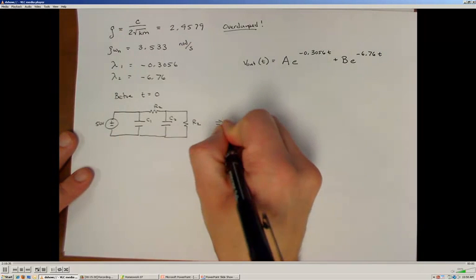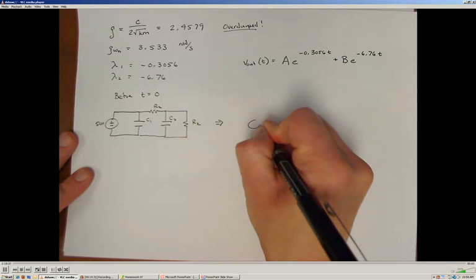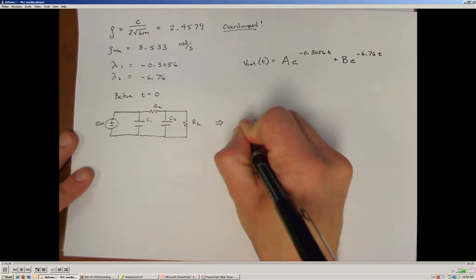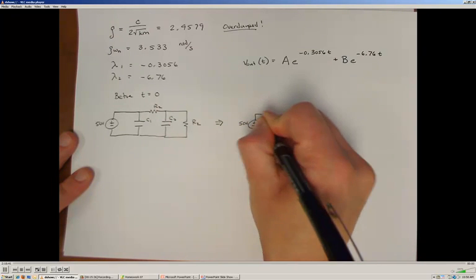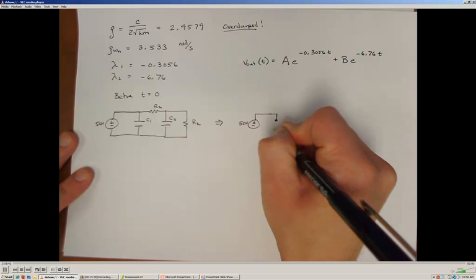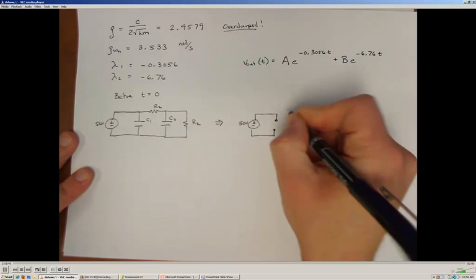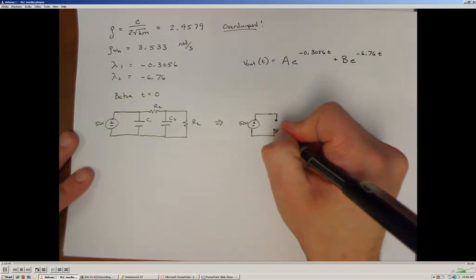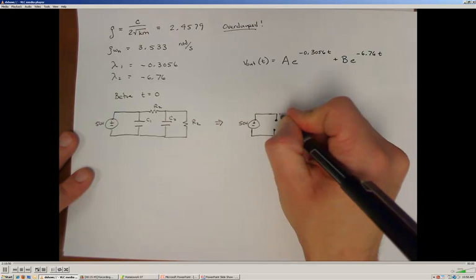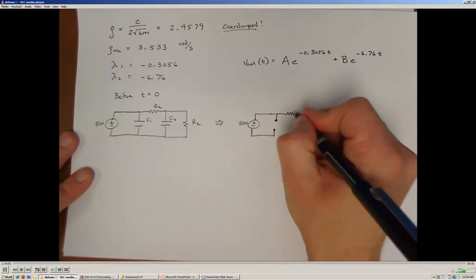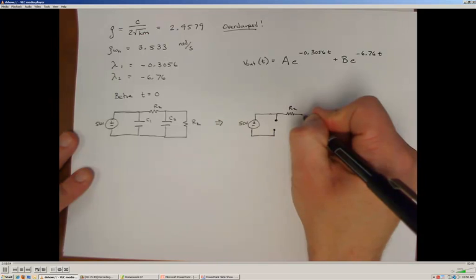Alright, so before time is equal to 0, using the properties of capacitors in the DC steady state, if they've been operating for a long period of time, I know that capacitors act like open circuits because the electric field has become fully established and no current is allowed to pass through the elements. Resistors stay the same.